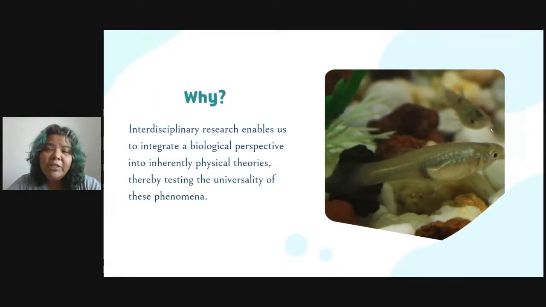But why did we choose this system? That's because interdisciplinary research, in this case, physics and biology, enables us to integrate a biological perspective into inherently physical theories, thereby testing the universality of this phenomenon.